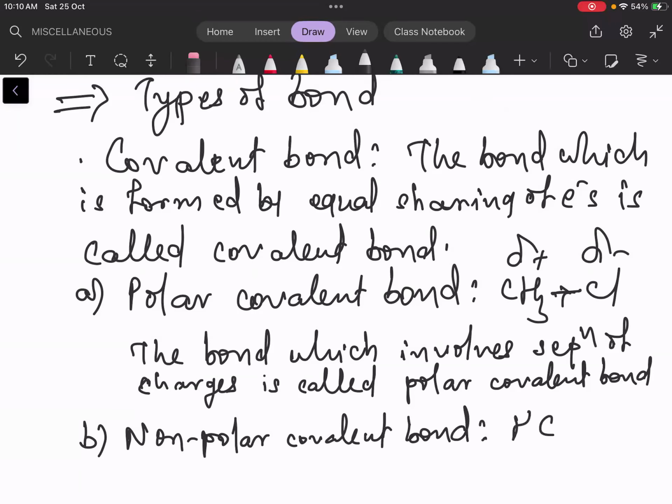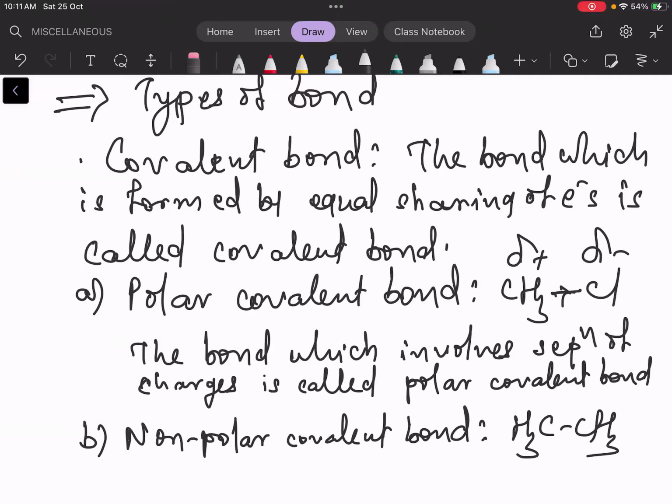The best example is CH3CH3. The first carbon gives one electron, the second carbon gives one electron. After sharing of electrons, the charge is not pulled by either atom, and that's why it is called a non-polar covalent bond.